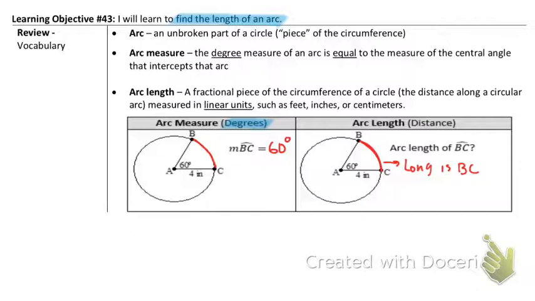When we talk about arc length, we're talking about distance. When we talk about arc measure, we're talking about degrees. Arc length will be measured in linear units, such as feet, inches, yards, things that measure distance. Arc measure is always going to be measured in degrees. So let's move on.